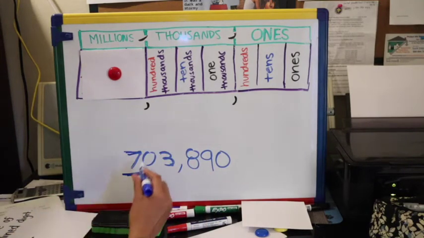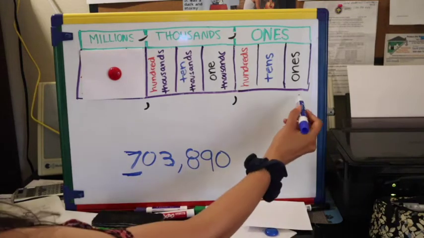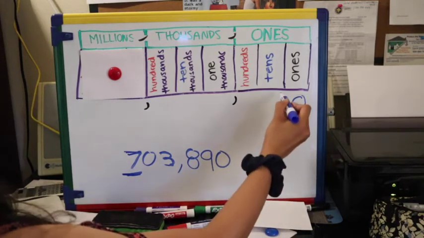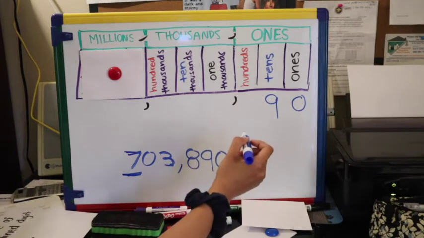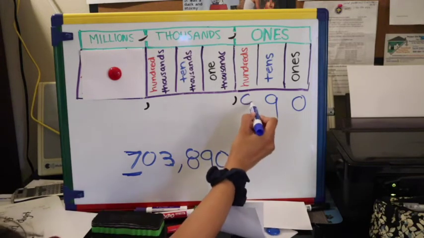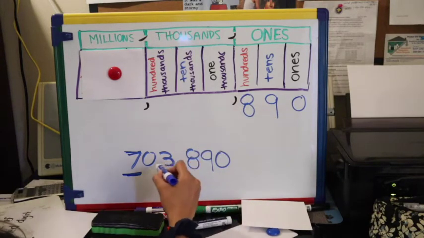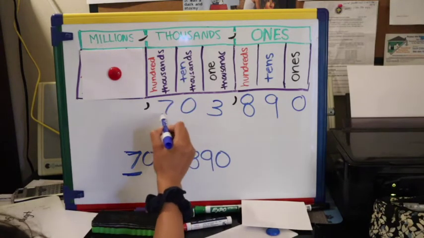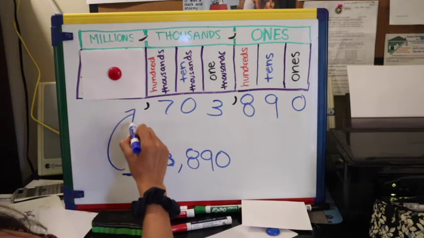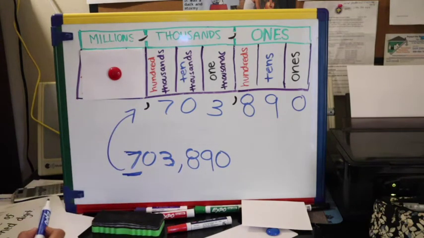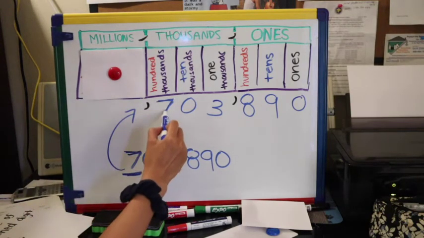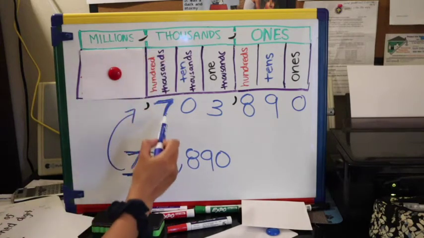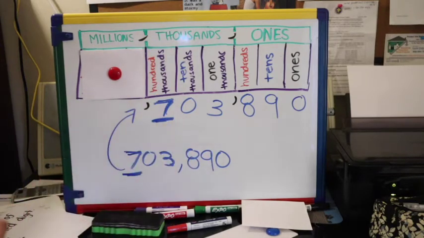So here we go. We have a 0 in the ones place, a 9 in the tens place, an 8, 3, 0, 7. I just plugged it right in here, and now I can see that the 7 is in the 100,000s place.